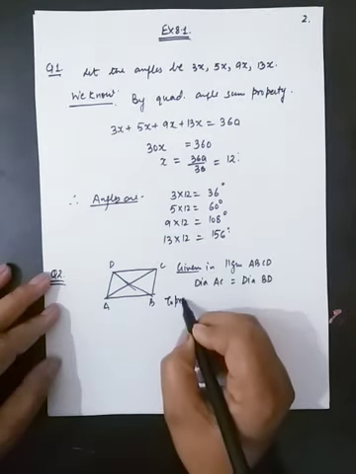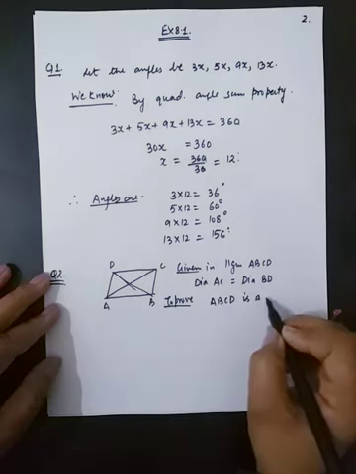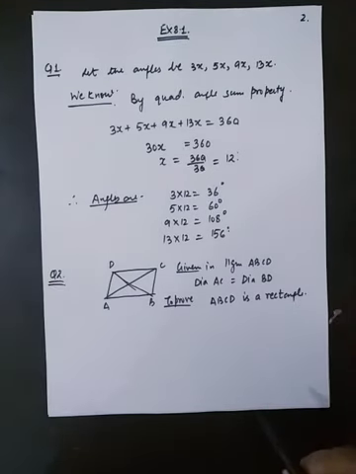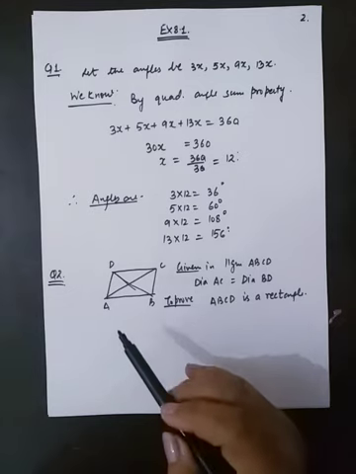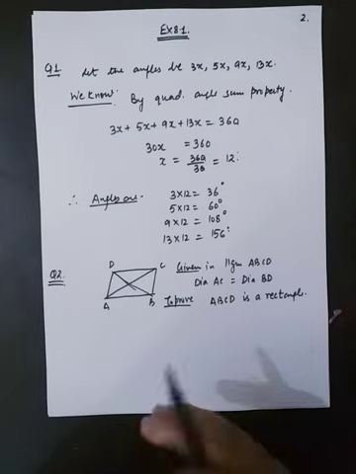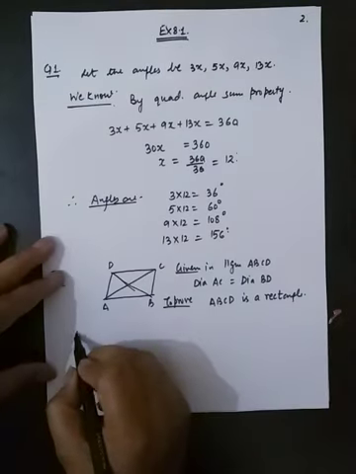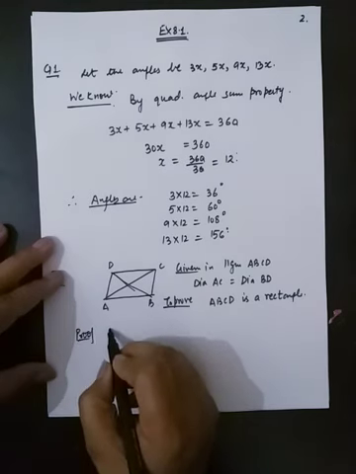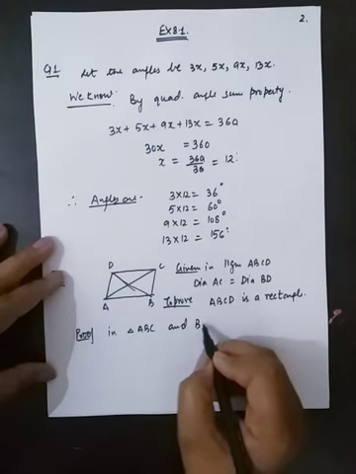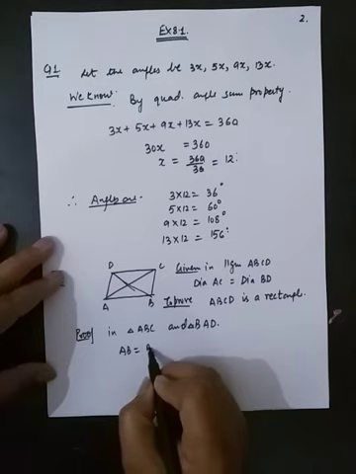And to prove, ABCD is a rectangle. Now to prove a rectangle, if we prove any of the angles of this parallelogram is equal to 90 degree, then it will be converted into a rectangle. So what we have to do here, in triangle ABC and BAD, AB is equal to BA.